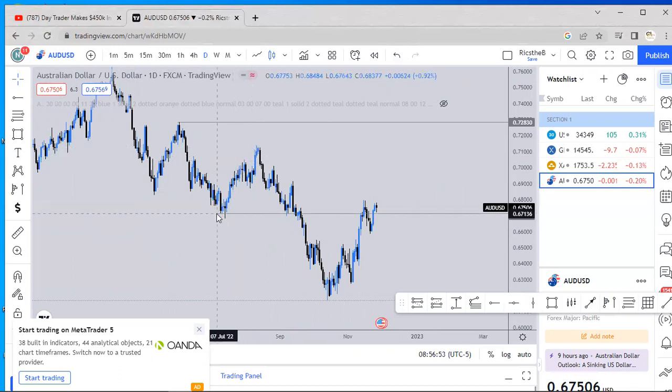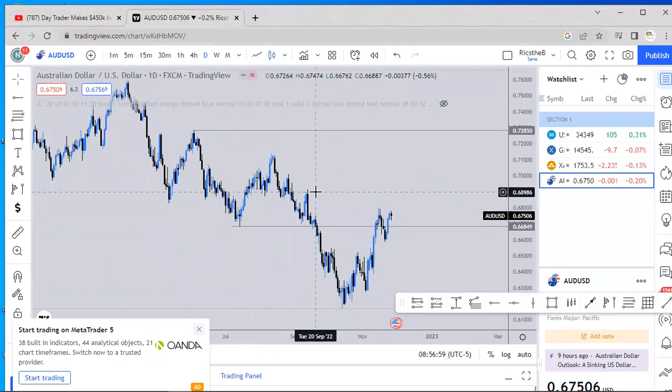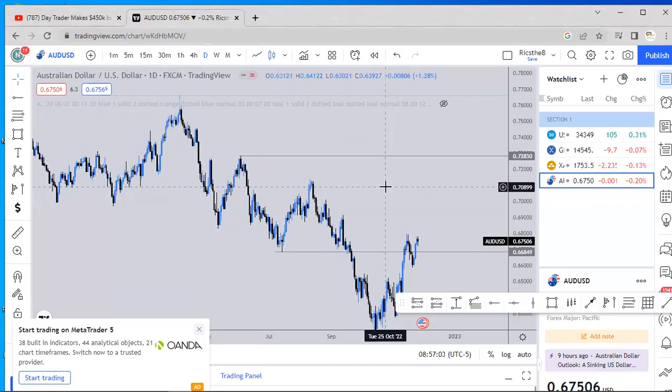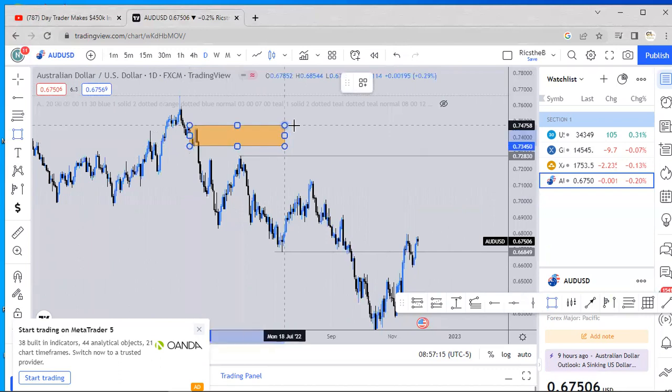No. So right here again, you can see on this same range we have internal range liquidity and external range liquidity. An external range liquidity is any type of liquidity formed outside our range. So for instance, above this range we have this supply area, which is still fresh.